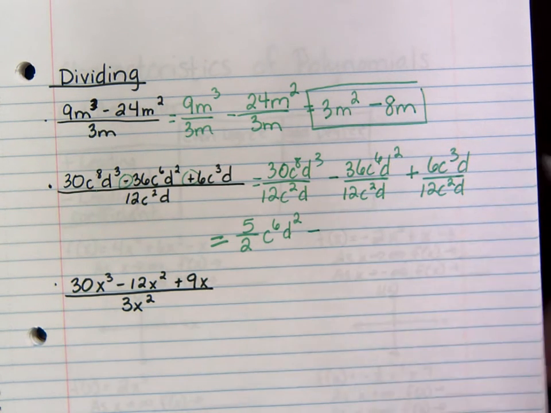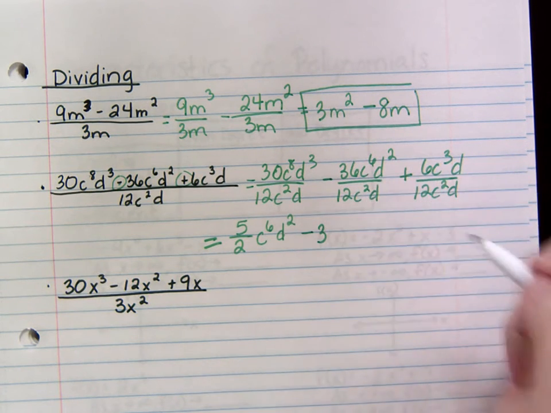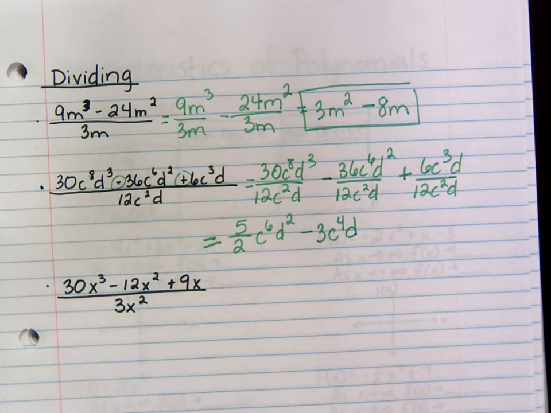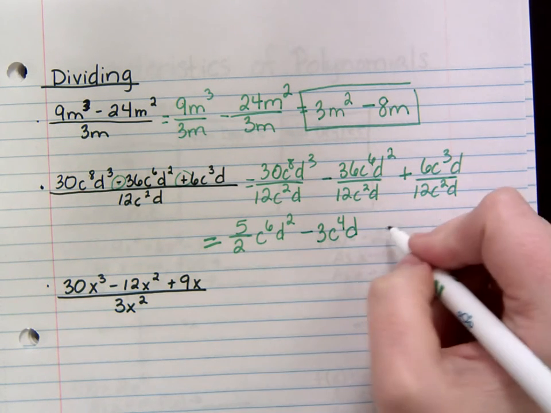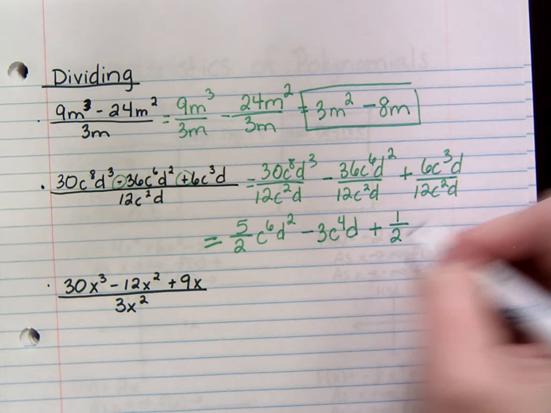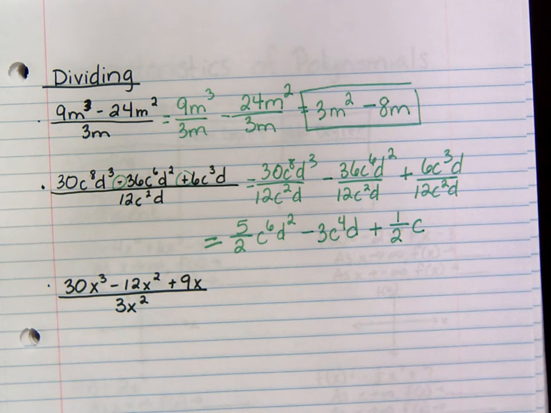Next term, 36 divided by 12 is 3. C to the 6th divided by c squared is c to the 4th. D squared divided by d is d. And last term, 6 divided by 12 reduces to 1/2. The c and the d's cancel, so it's just that.